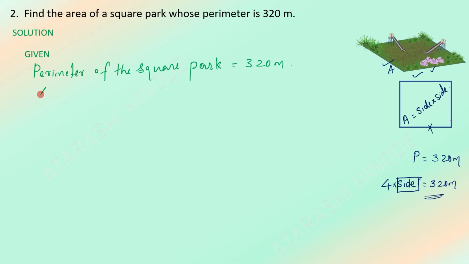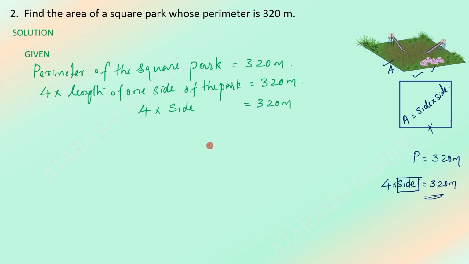That is, perimeter is 4 into the length of one side. 4 into length of one side of the park equal to 320 meter. That is 4 into, instead of this I write simply side. 4 into side equal to 320 meter.